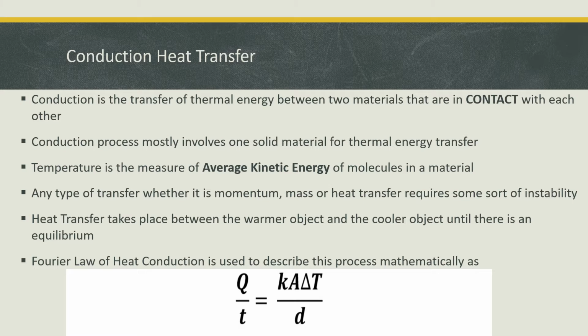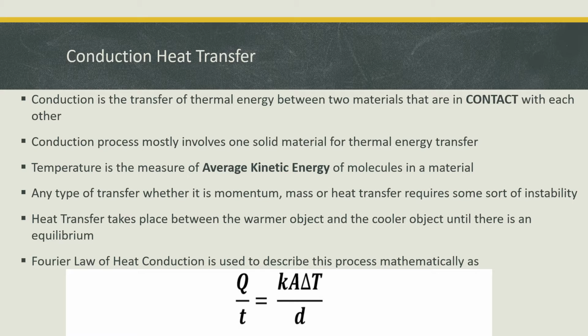When a substance is heated, the average kinetic energy of the molecules of that material is increased. When the thermal kinetic energy is increased, there is an increase in temperature.